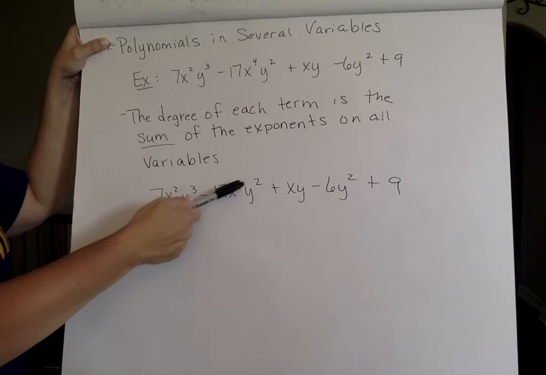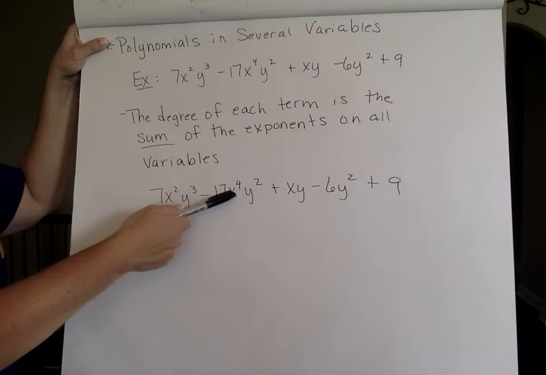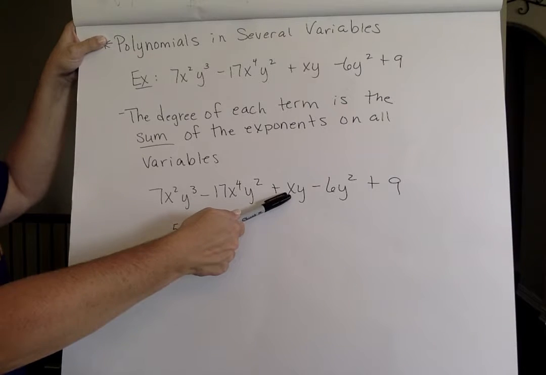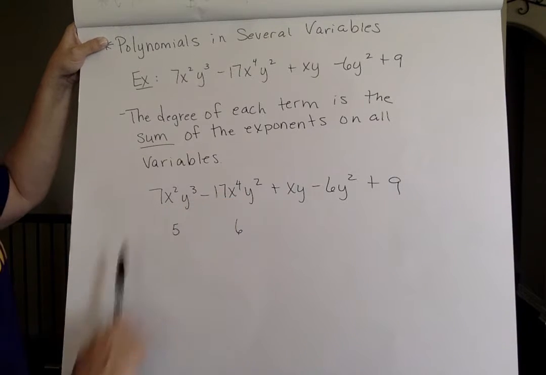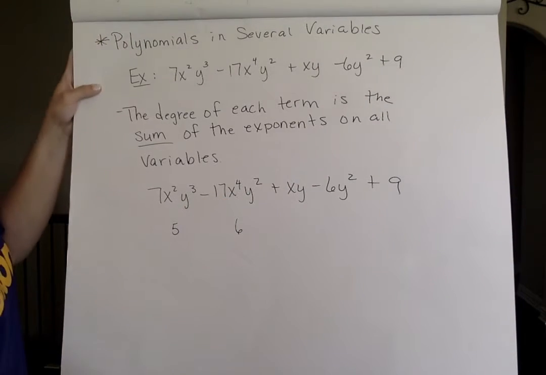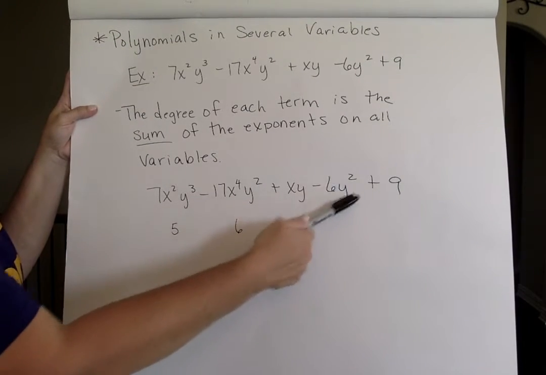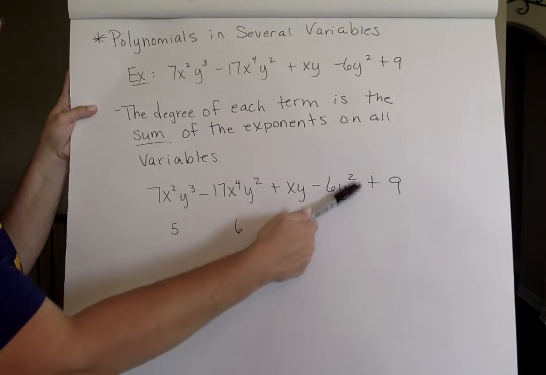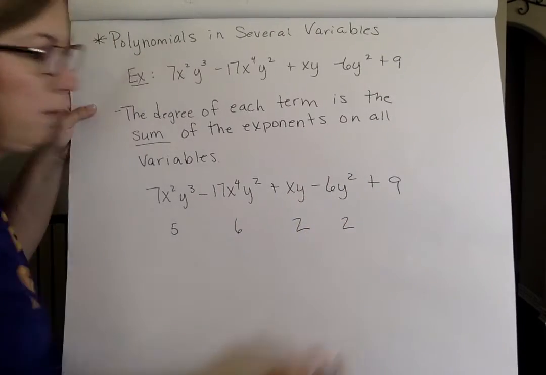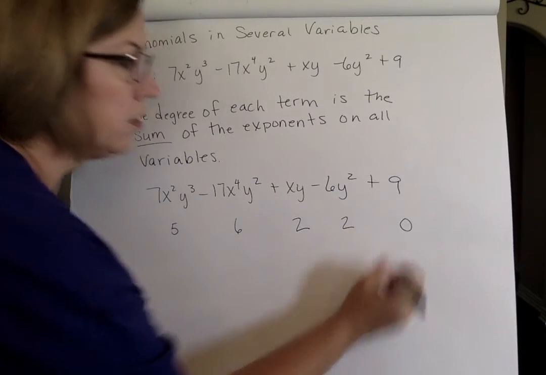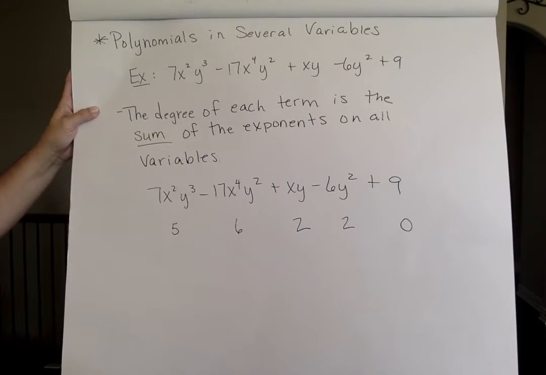The degree of this term, we add the exponents on the variables together. 4 plus 2 is 6. The degree of this term, again, we have exponents on those variables. 1 plus 1 is 2. This one only has a single variable, so it's just the exponent on that variable, which is also 2. And this one has no variables, so we have a degree of 0.